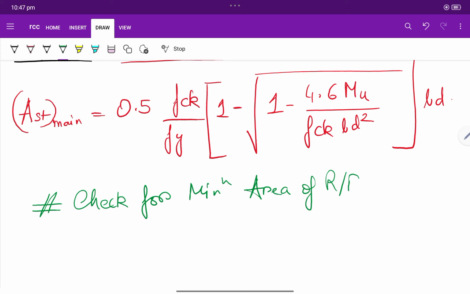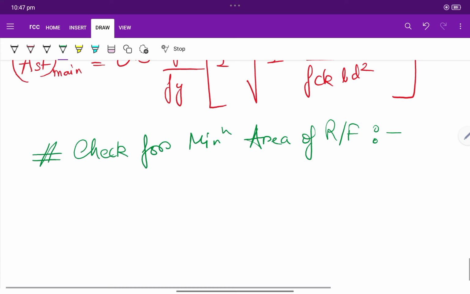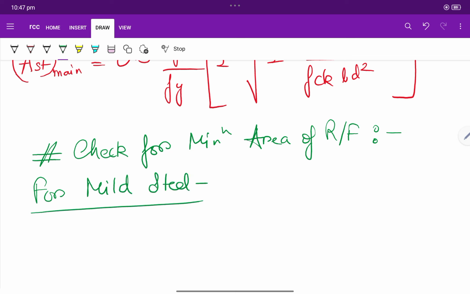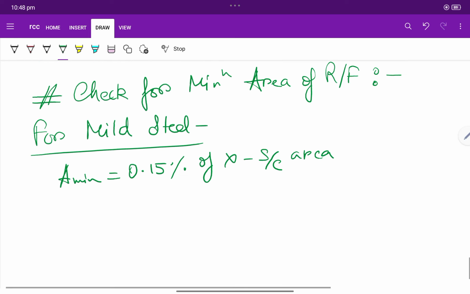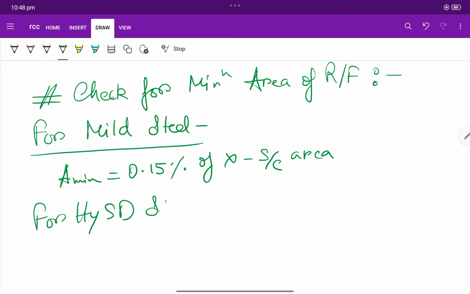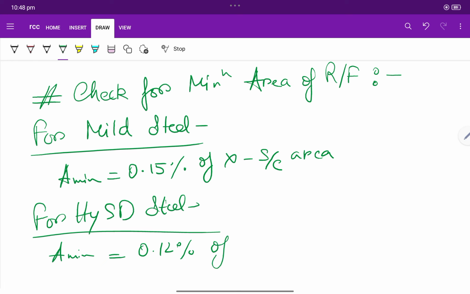For mild steel, Ast minimum is equal to 0.15 percent of the cross section area, that is B D. And for HYSD steel, Ast minimum will be 0.12 percent of the cross section area.